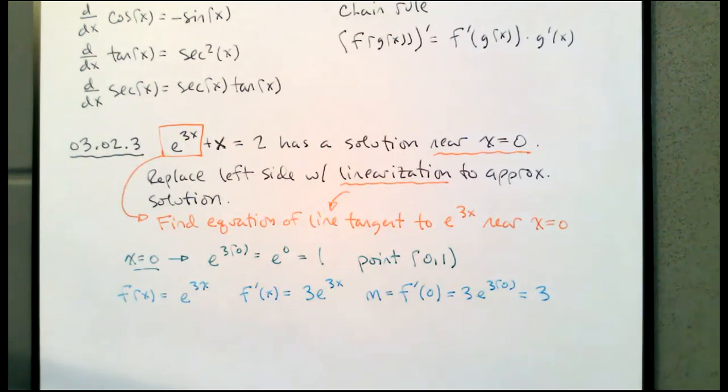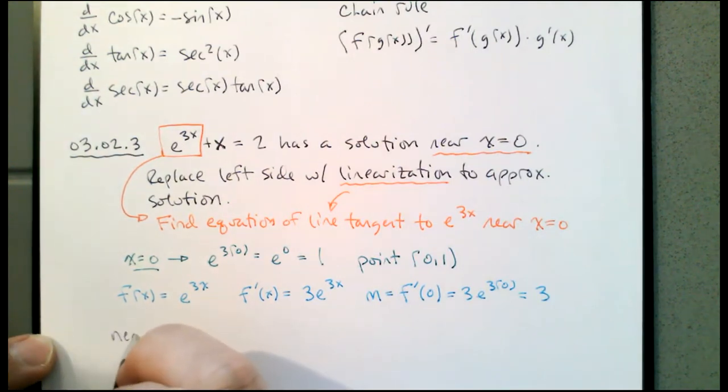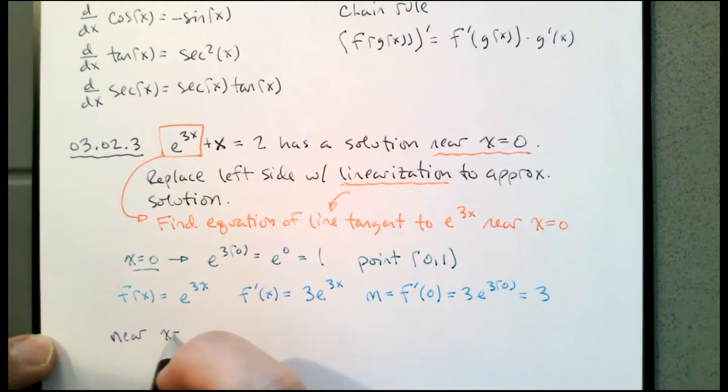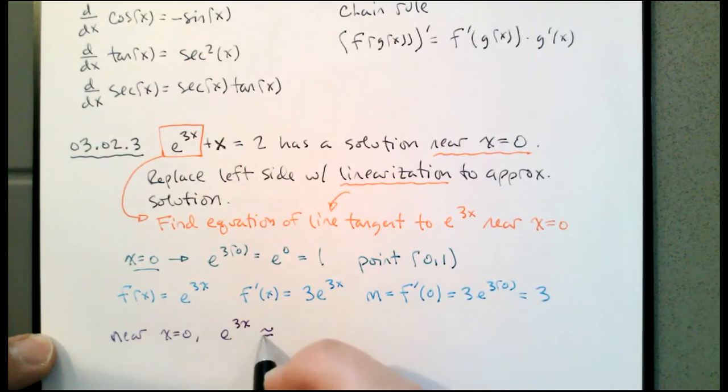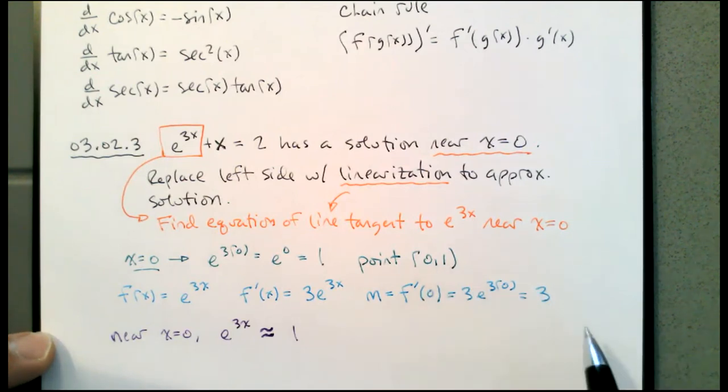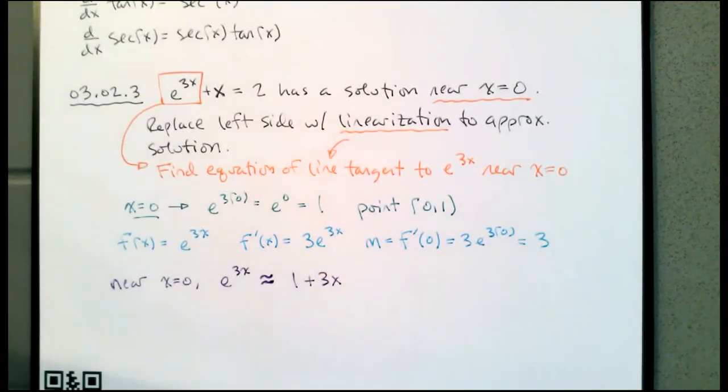And we put those together. So that means near 0, e to the 3x is approximately equal to, I'm going to use the slope intercept form since I have the intercept, 1 plus 3x. e to the 3x is approximately equal to 1 plus 3x near 0.